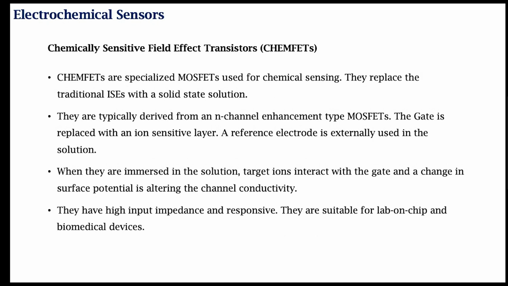If we modify the gate of a field effect transistor with an ion selective membrane, for example, you essentially end up with what is called a chemically sensitive field effect transistor. Note that field effect transistors are excellent amplifiers with high stability from the electronics viewpoint.